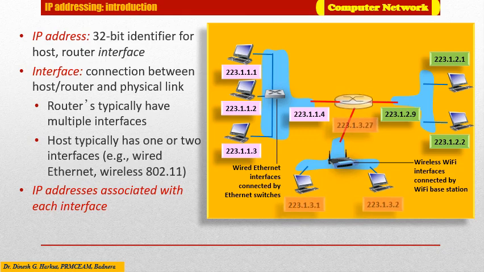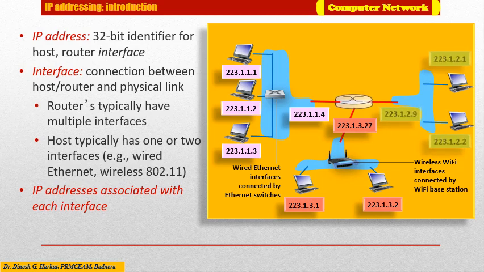Here the interface which is used to connect these 2 hosts again has a typical address form: 223.1.3.1, 223.1.3.2, and 223.1.3.27. Here again, as in the first group, the first 24 bits, which represent the first 3 decimal numbers, are common. Let's go to the third group.